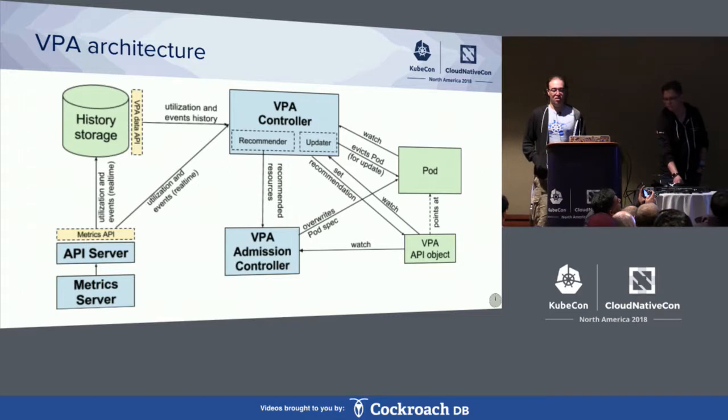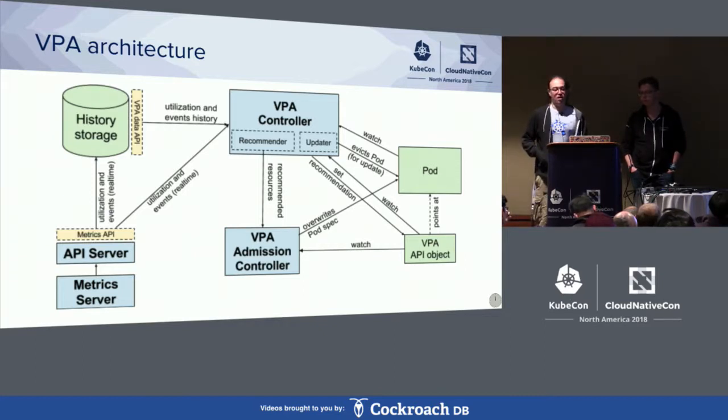So the basic idea, like Michael mentioned, is that we have a recommendation engine, which is kind of the heart. The recommendation engine will fetch and periodically update a recommendation based on current metrics. It will look at the metrics we have available, and when it starts up, if historical storage is available through something like Prometheus, it will attempt to pull a bunch of historical metrics in via Prometheus.